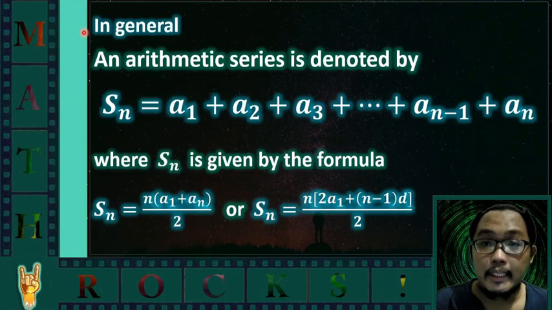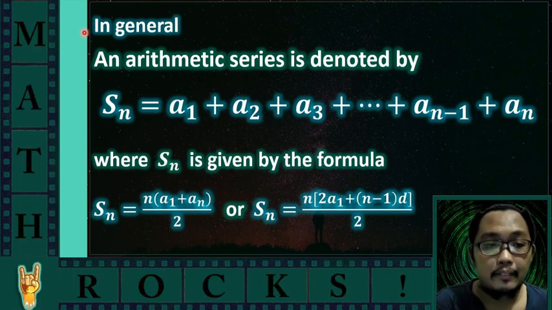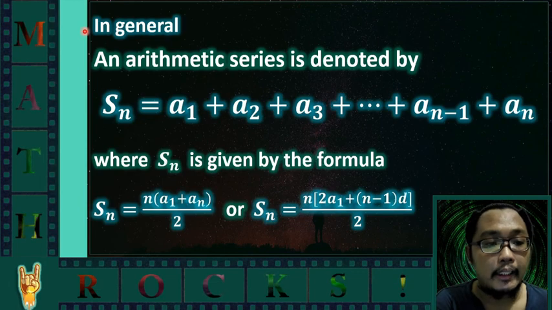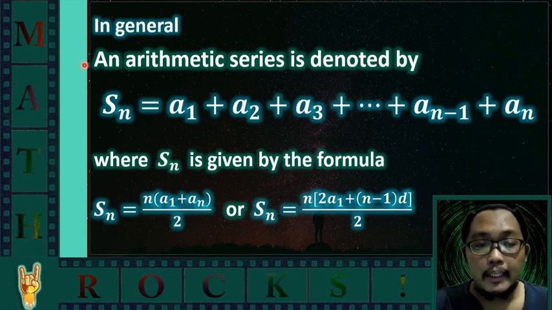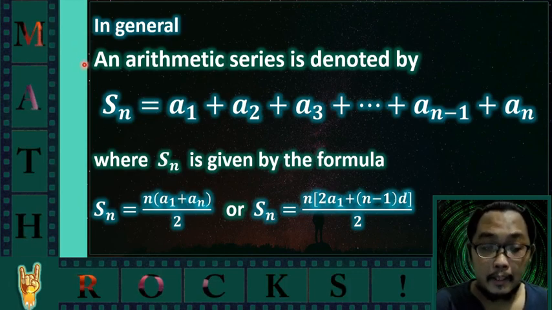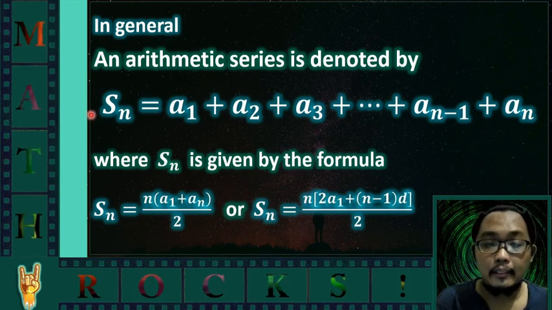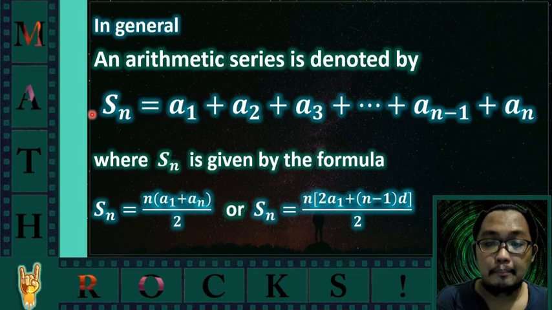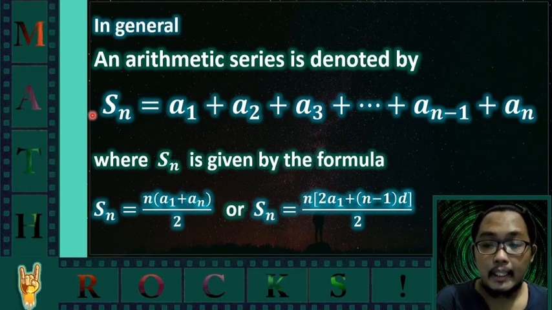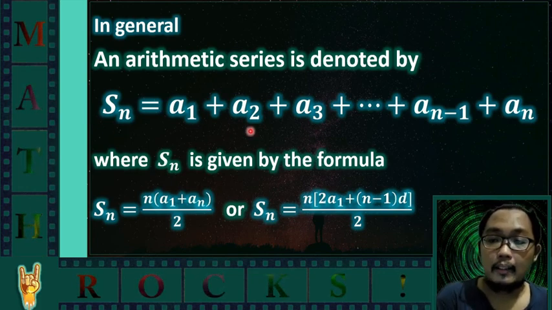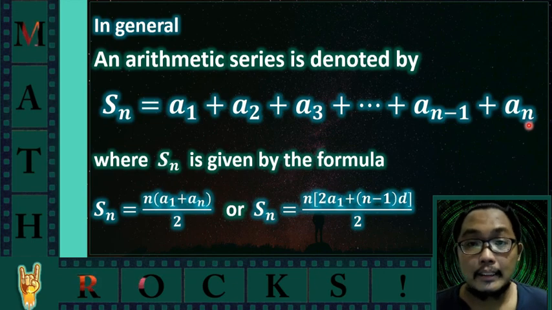To summarize the important ideas of this video, we have the arithmetic series in general. An arithmetic series is denoted by S sub n, which is equal to a sub 1 plus a sub 2 plus a sub 3, and so on until we have the nth term.